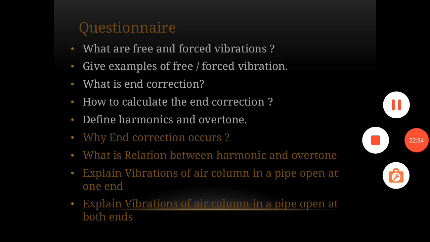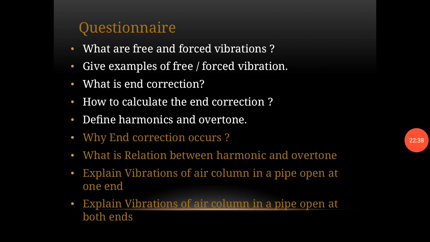Now what is end correction? End correction I told you, how to calculate end correction, what is end correction, and why end correction occurs. These are three important questions you need to understand. Now define harmonics and overtones and explain their relation.